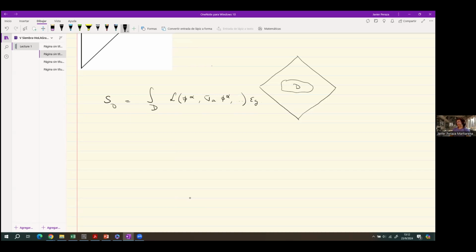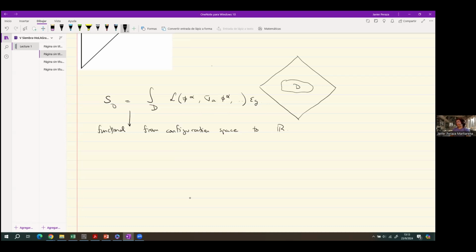So this action can be seen as a functional from configuration space to R, so that it takes any configuration for the fields phi alpha, and it gives you some real number, which is the result of integrating.